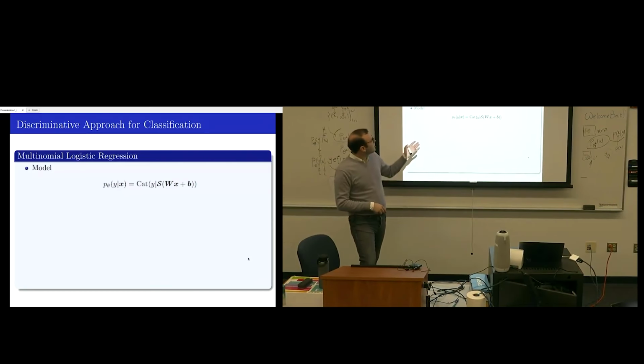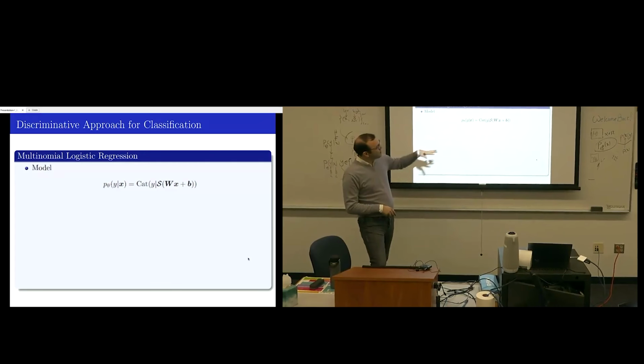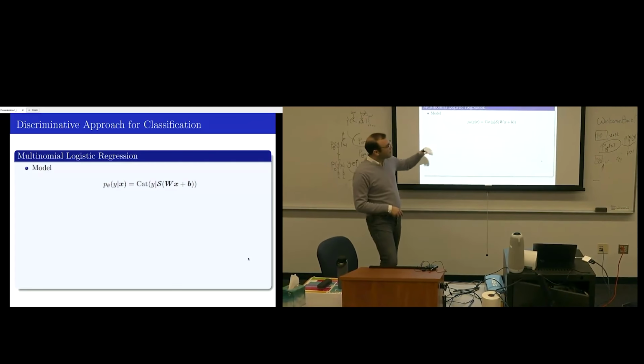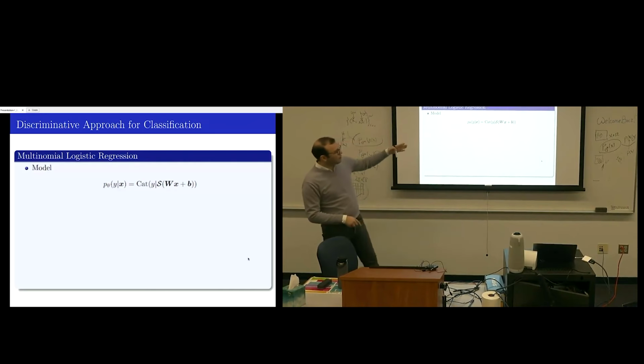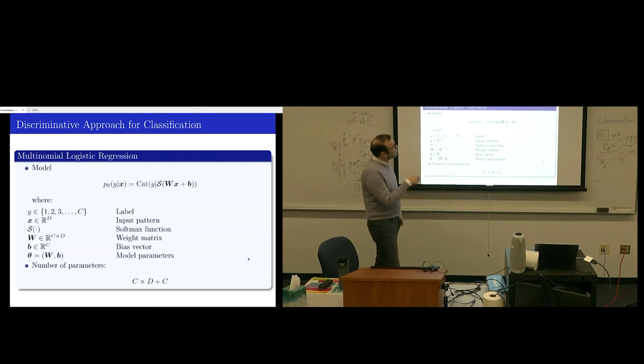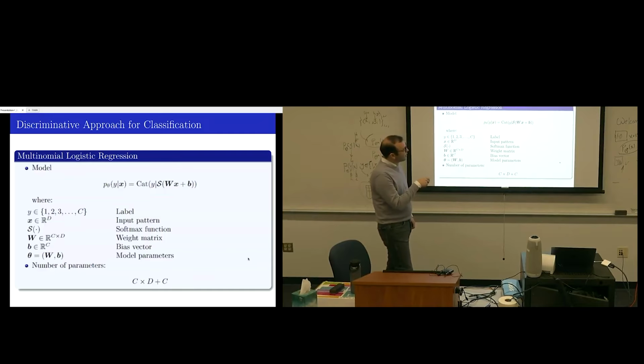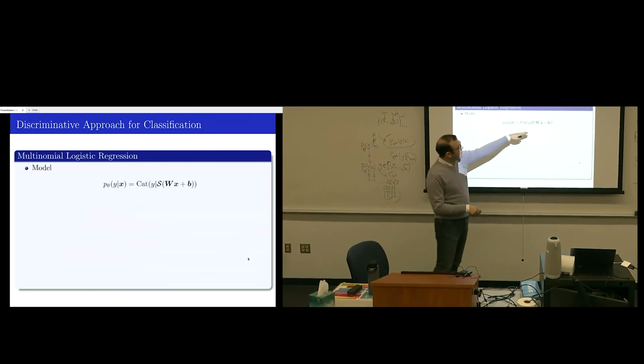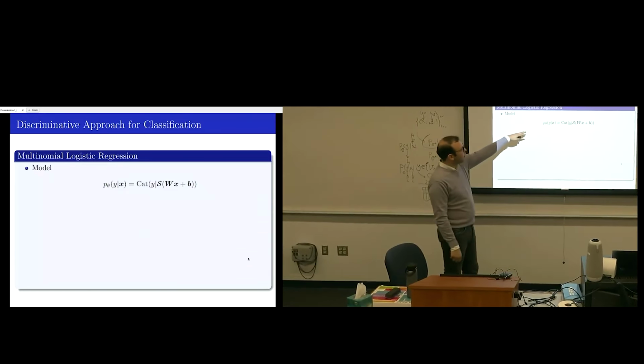The multinomial logistic regression, as you saw, is a supervised learning method. It is a discriminative method because you model the output given the inputs. This is not important, this is the definition of the parameters. Just look at this formulation.